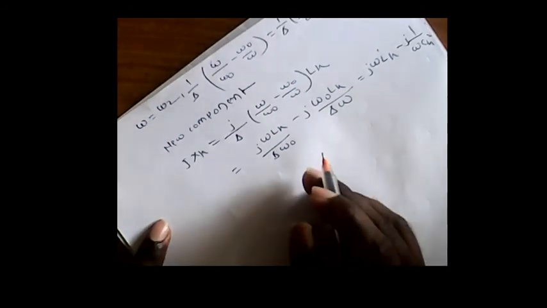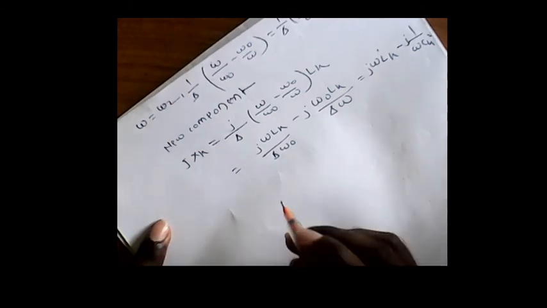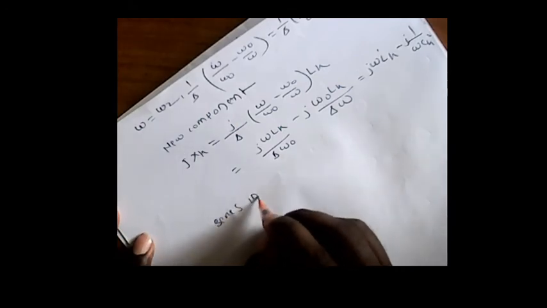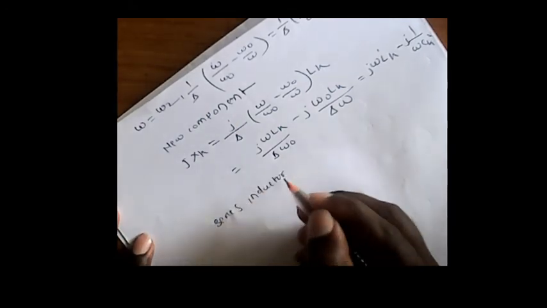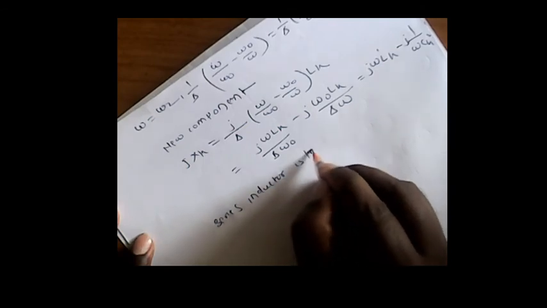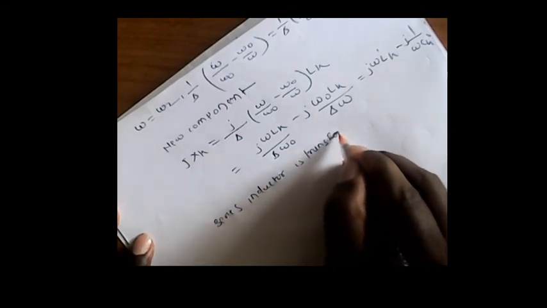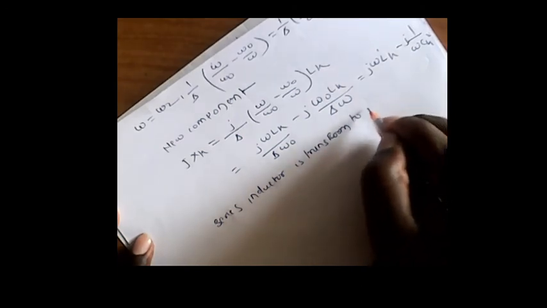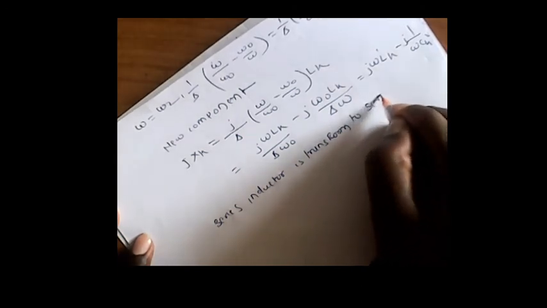So this is to be noted; when this will be asked from the exam point of view, be very careful. The series inductor can be transformed to a series LC circuit.